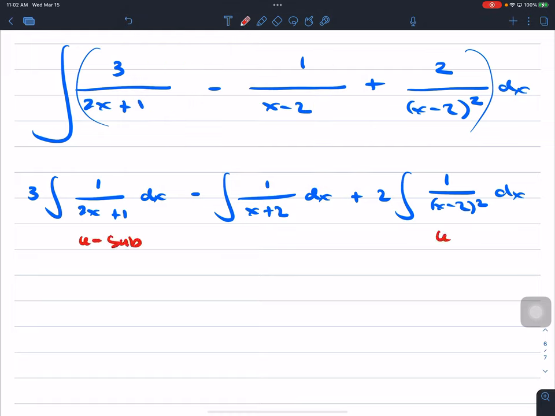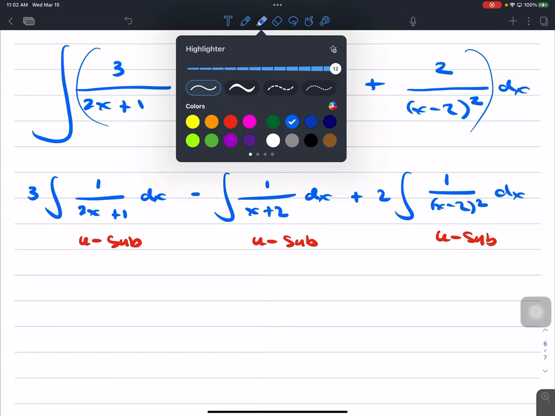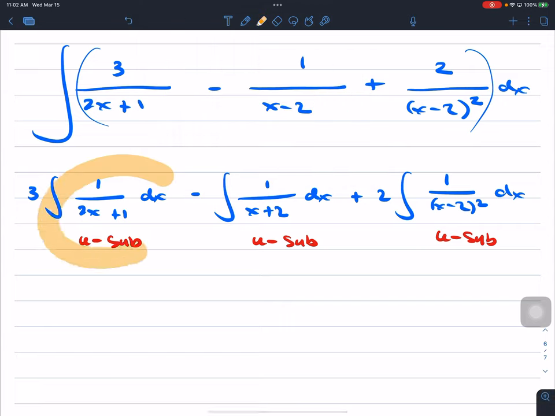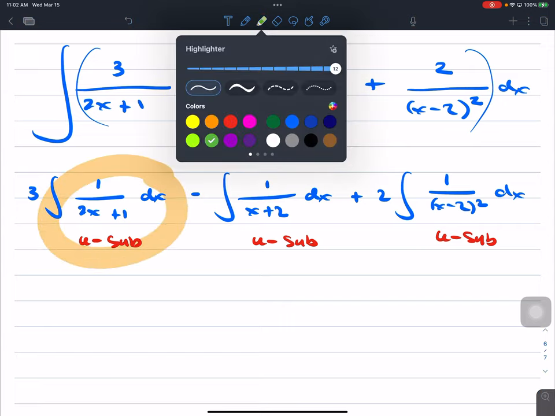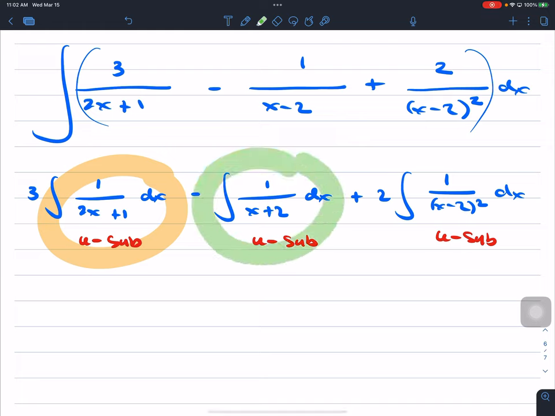What is this? U sub and U what? Sub. Okay, you got 3 integrals here. First integral, what's this? Second integral, and this is going to be the what? Third integral. What do you guys think? Is that okay?